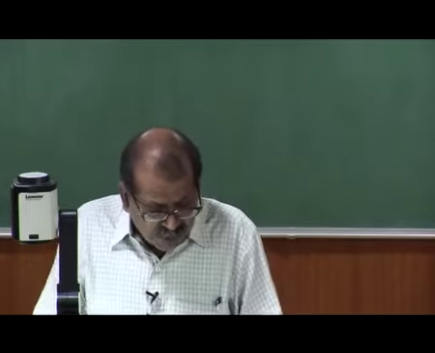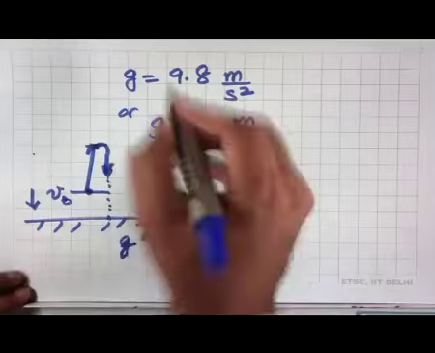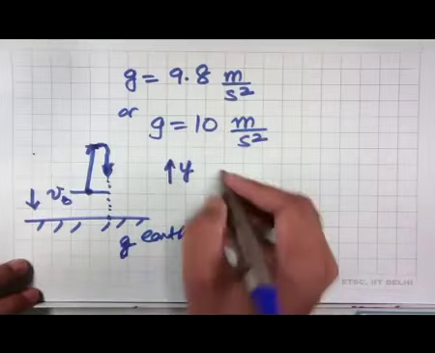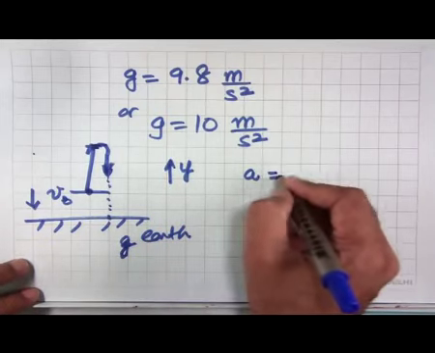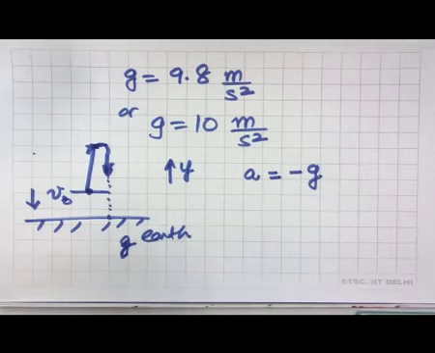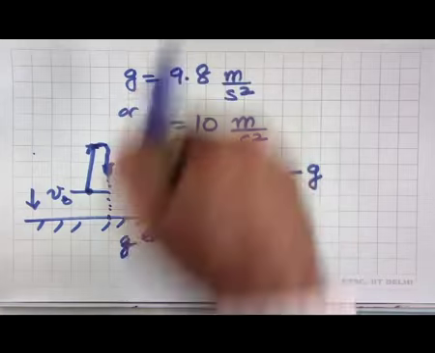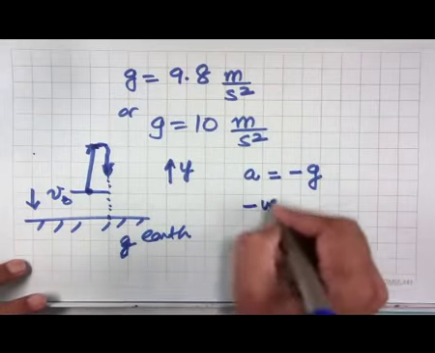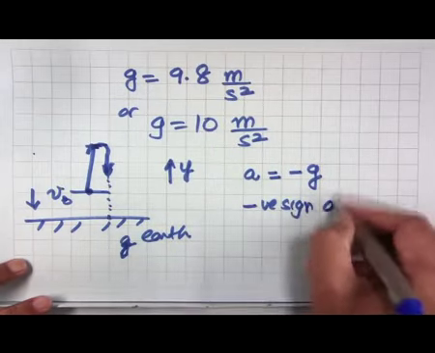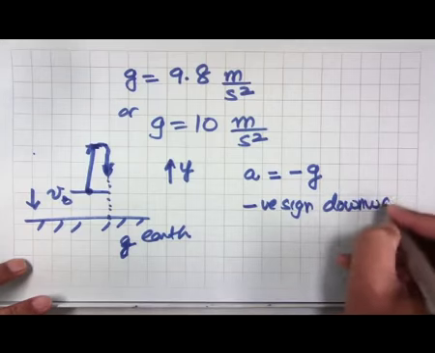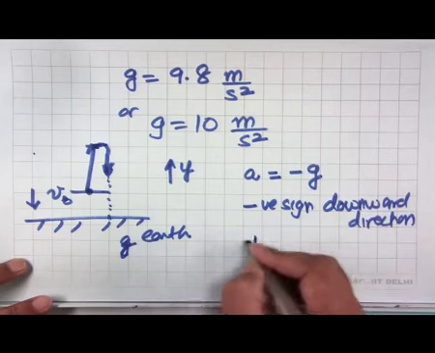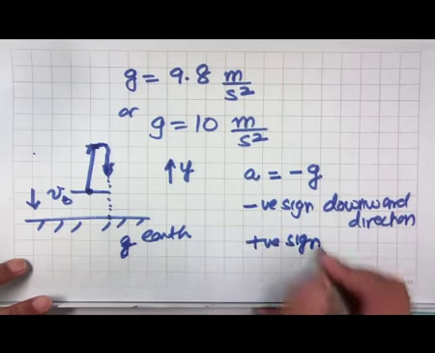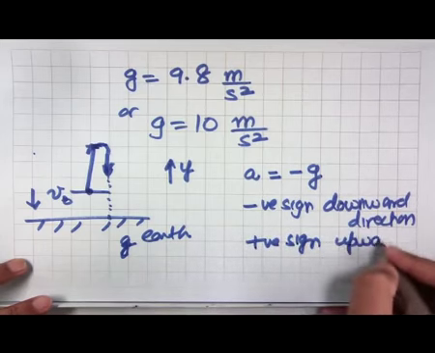So if somebody chooses y as positive upwards, then acceleration for free fall will be minus g, and negative signs now represent a downward direction, and a positive sign represents an upward direction.